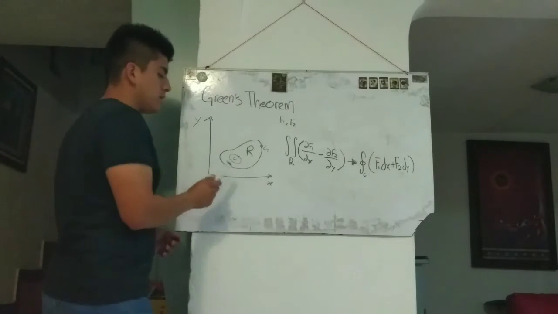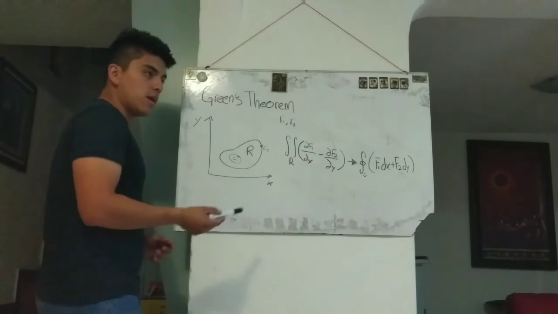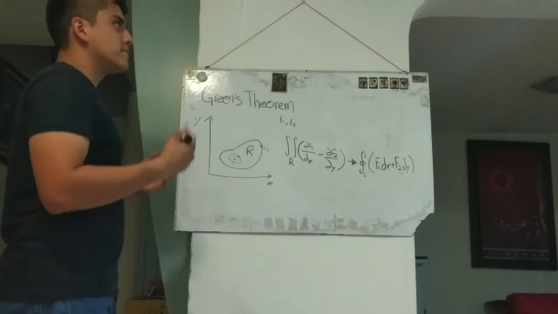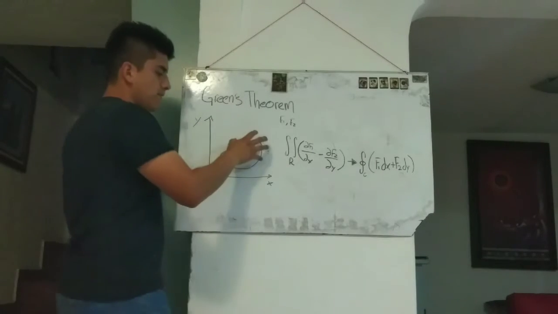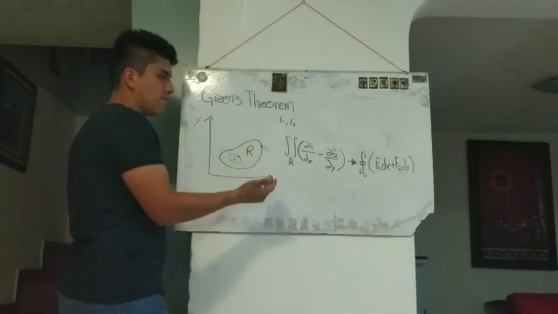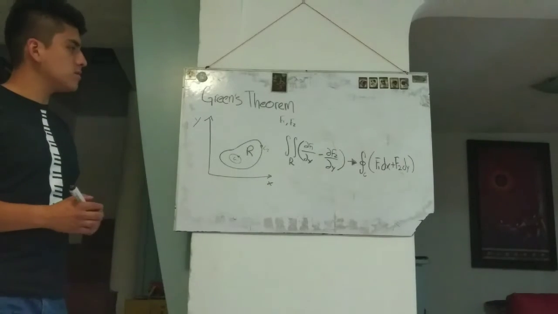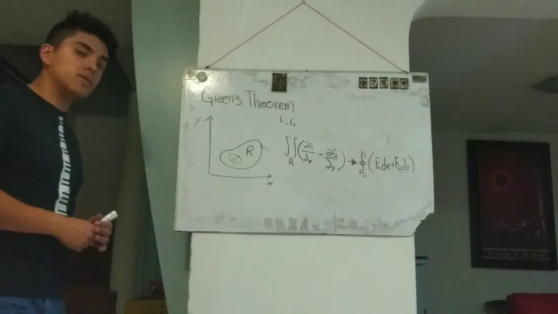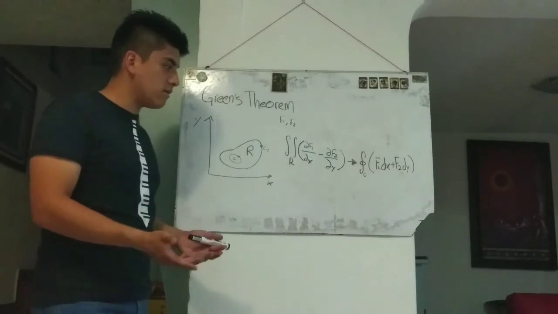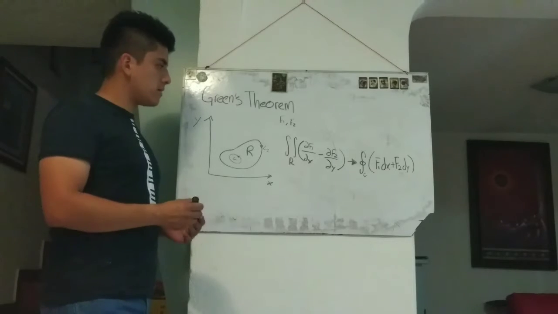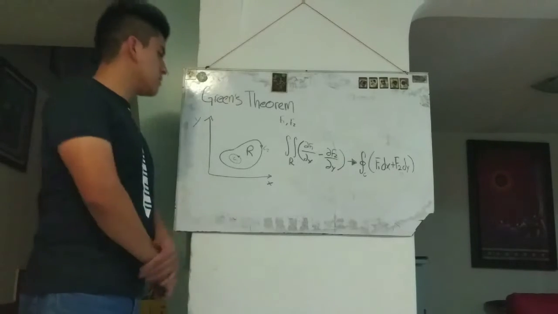And in this theorem, we have to integrate in a way that R is always on the left. Okay, that's what Green's theorem tells us. As you can see, it's easy. It's not very difficult, and that is all of Green's theorem.